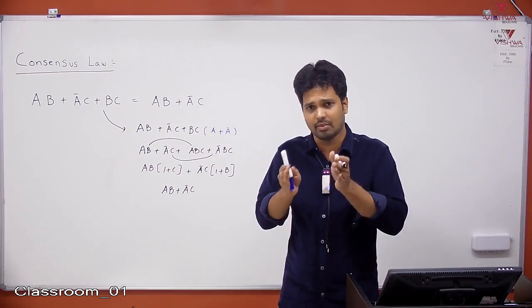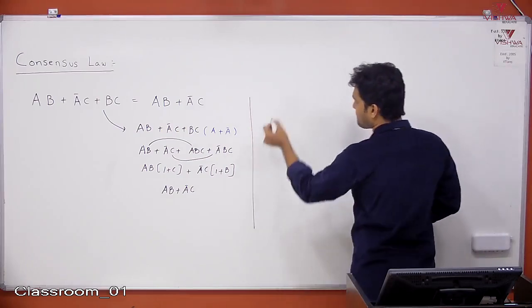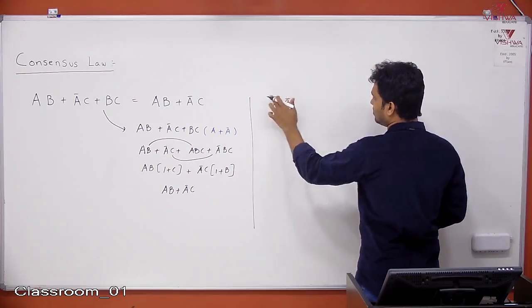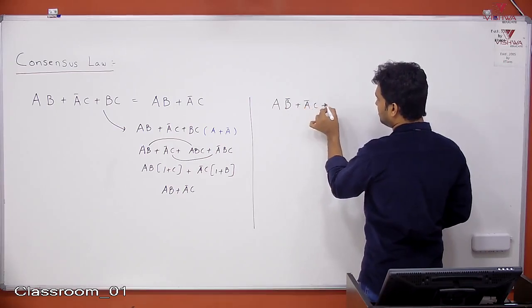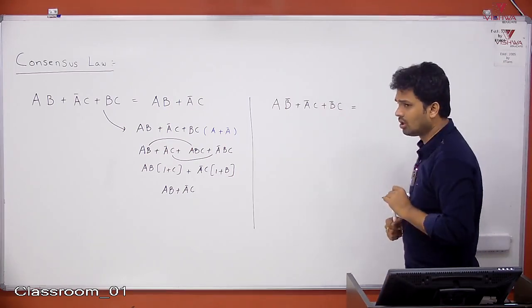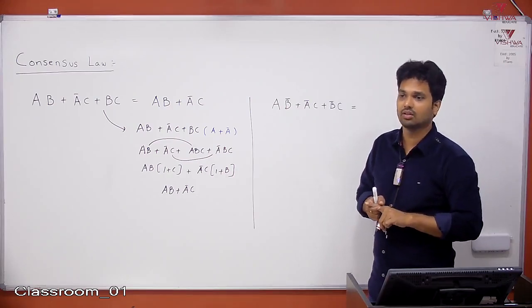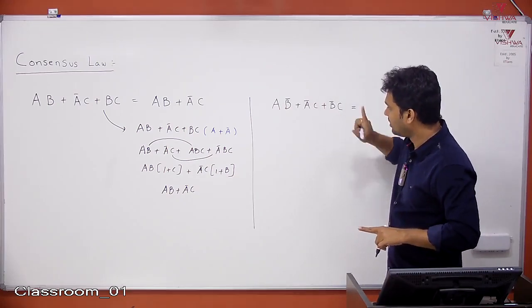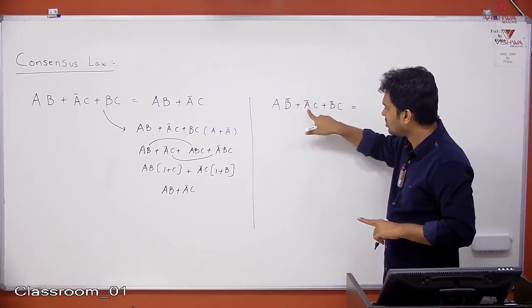Let me take the same consensus law in a different way. In place of B, suppose you have B bar. What is the answer? Firstly, please check whether your condition is satisfied or not. Every variable comes two times, three variables are present, only one variable in normal and also complement.